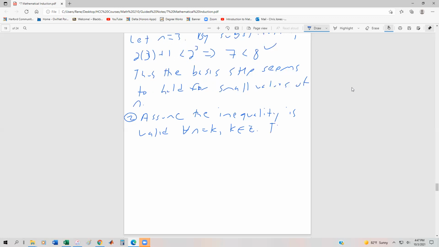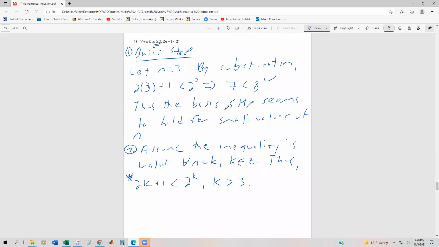Thus we can say that 2k plus 1 is less than 2 to the k, where k is greater than or equal to 3. We're going to use this in step 3 when we start that.